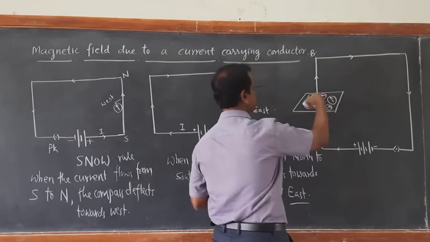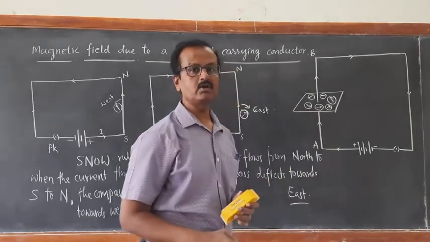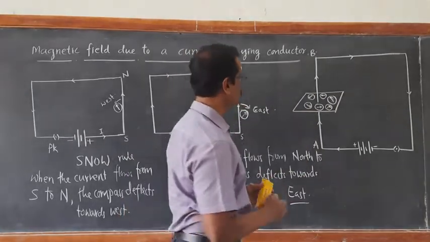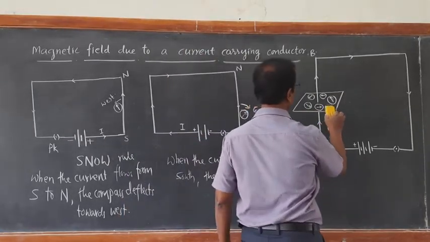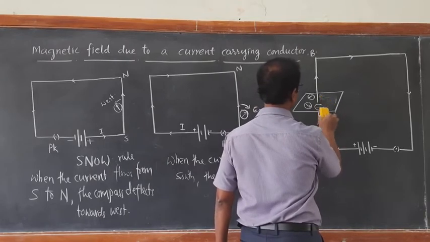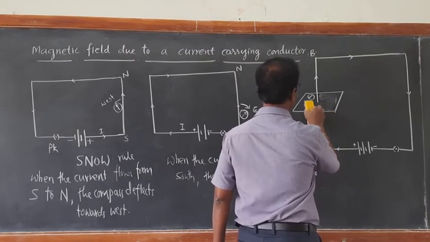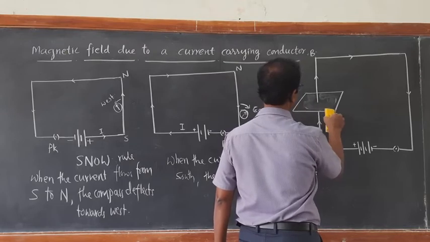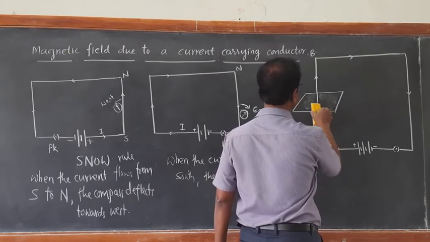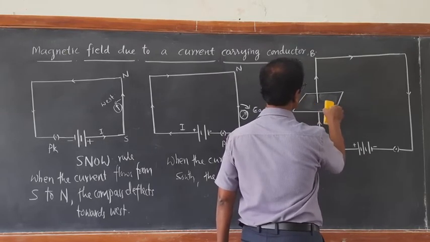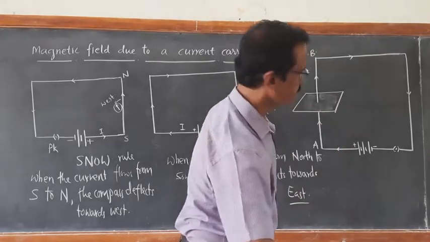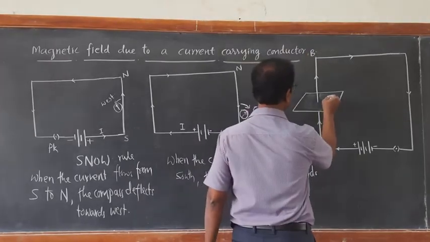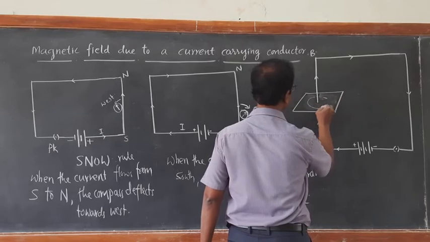So you will find that there is a closed circular loop. So if I just represent this with the help of a closed circular loop, interestingly, you are getting a circular magnetic field line, which can be drawn like this.